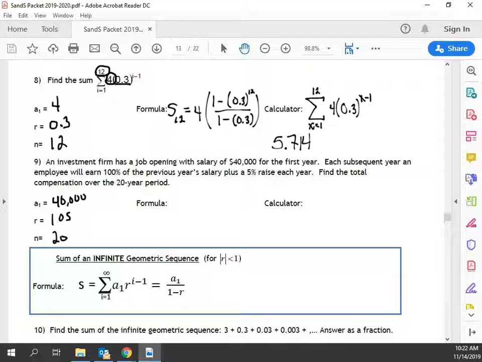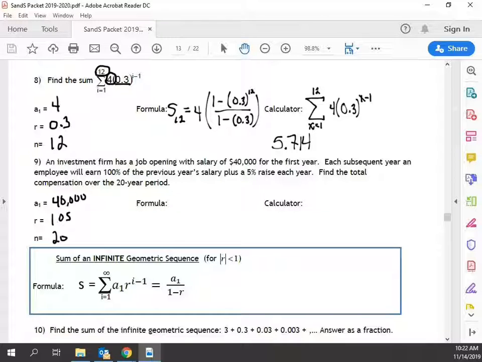In order to figure out what the sum is, his total compensation is going to be through his whole infinite amount of terms that he's at this job. It's as simple as take the first term and divide it by 1 minus the ratio. That's it. Once you take the first term and divide it by 1 minus the ratio, press enter in your calculator, you will get what the sum would be to infinity.